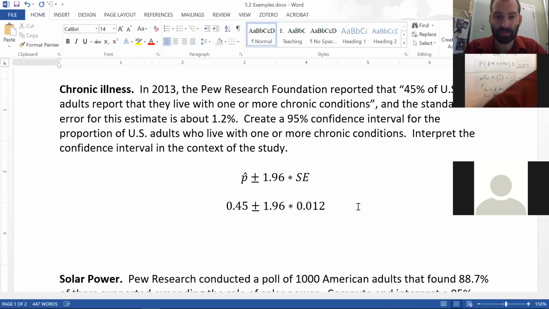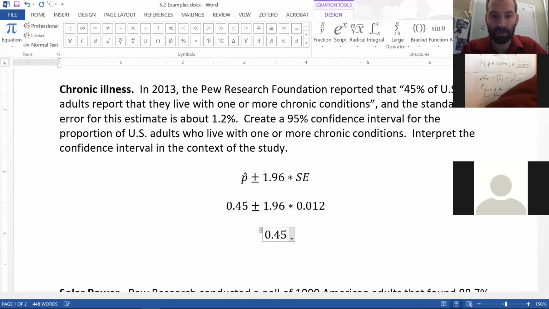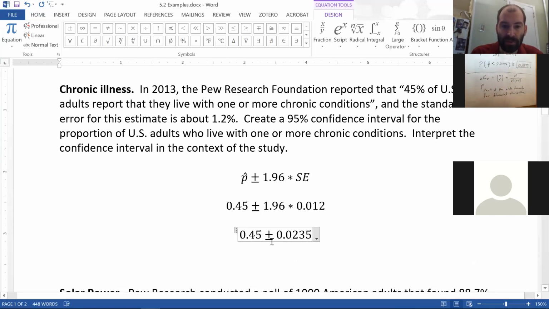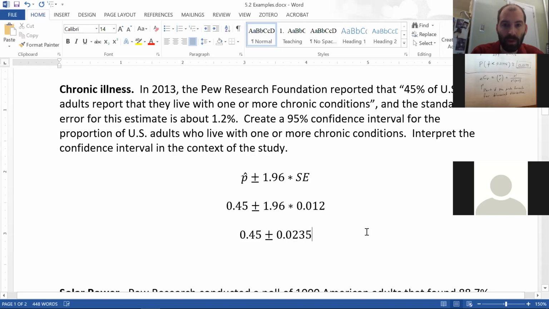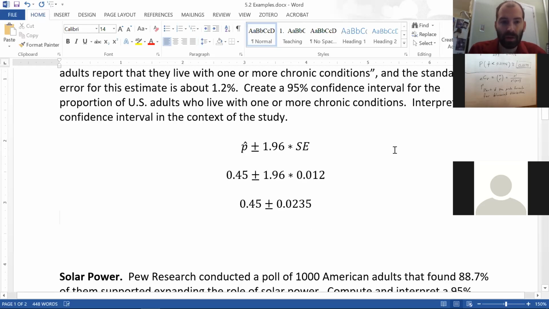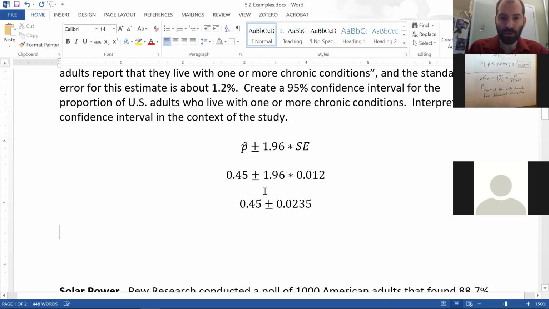So 0.45 plus or minus 0.0235. So that's one way to write down the confidence interval. Another way to write it down is to actually do the subtraction and addition.